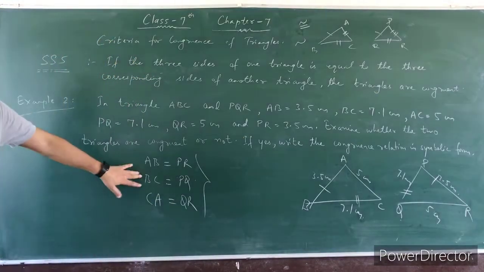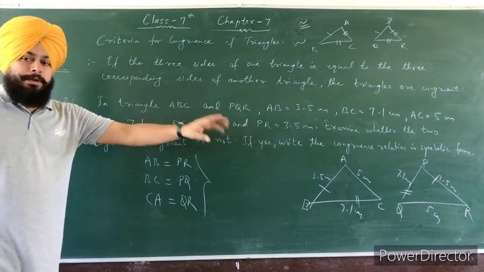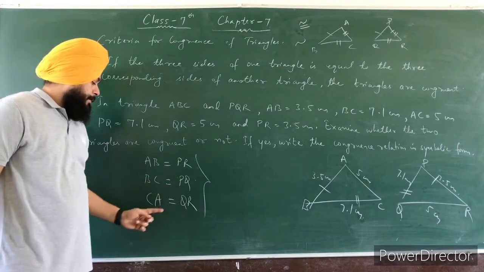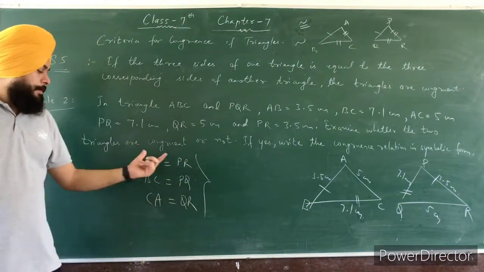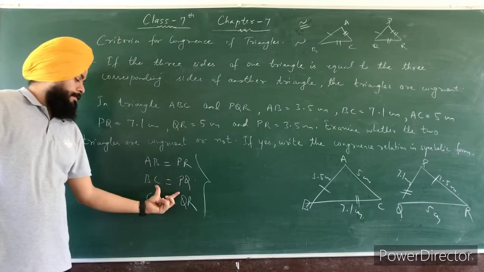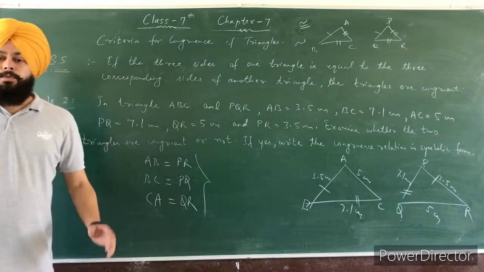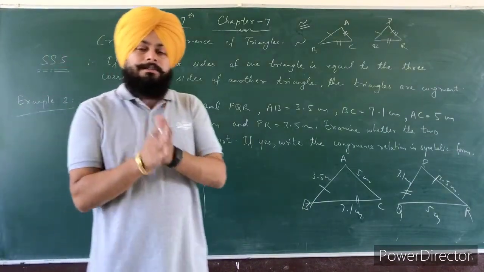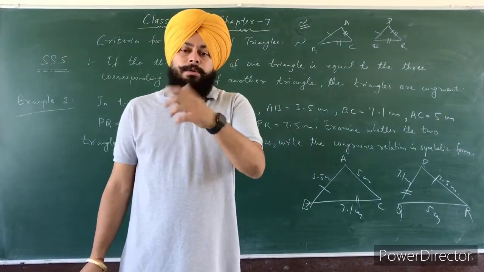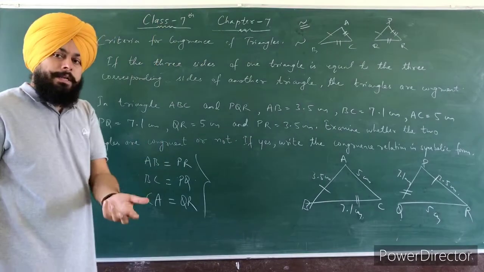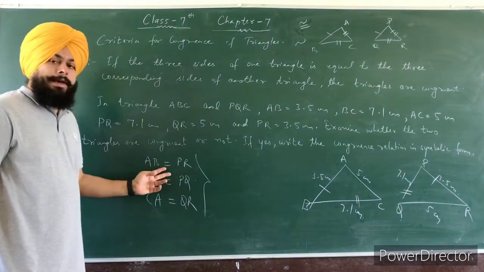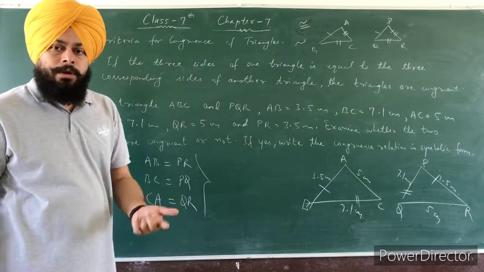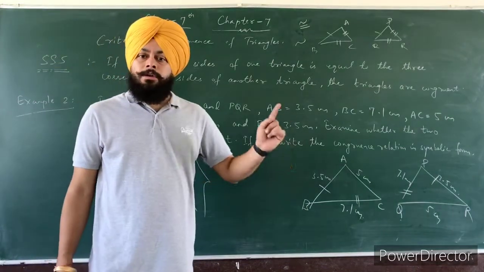So you can see here in triangle ABC and triangle PQR, AB is equal to PR, BC is equal to PQ, CA is equal to QR. The first one is a side, the second is also a side, the third is also a side. So the three sides are equal. By which rule? SSS. By the SSS congruence rule, both of these two triangles are congruent.